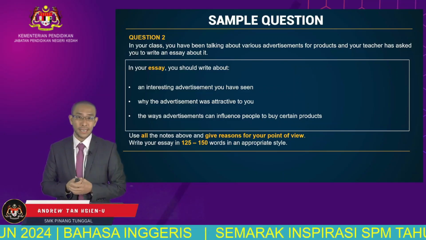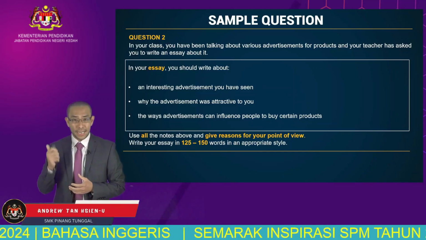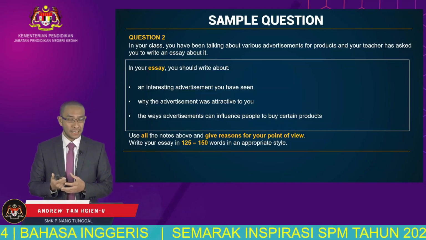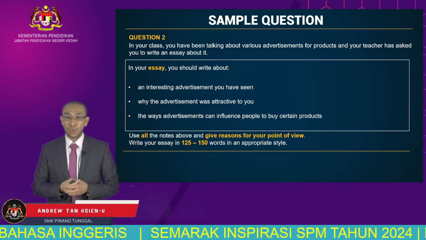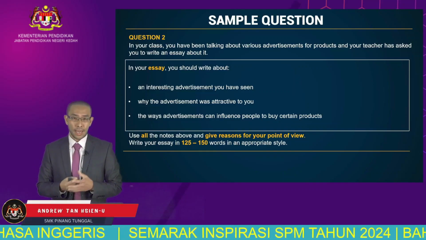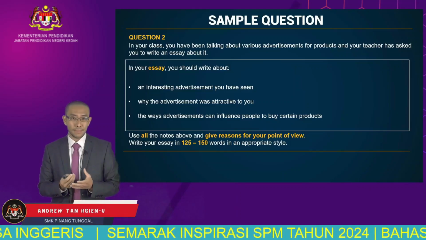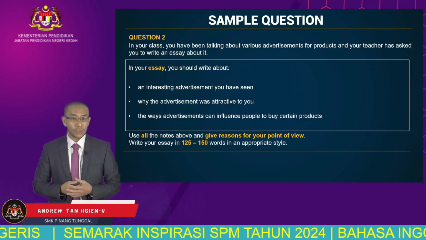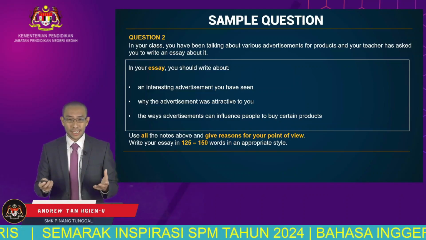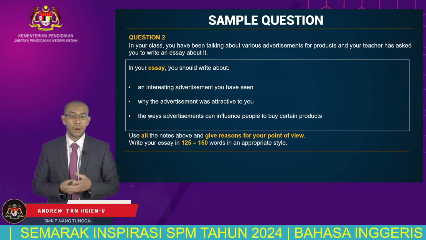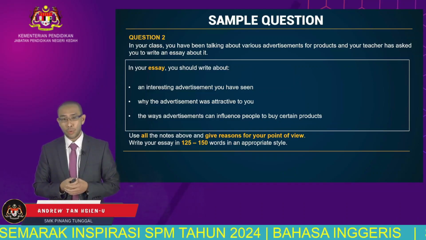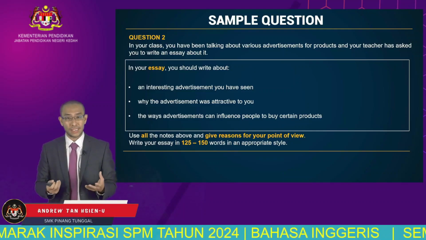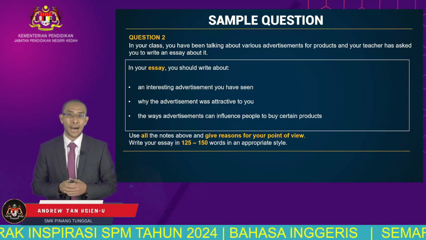In your essay, you should write about an interesting advertisement you have seen, why the advertisement was attractive to you, and the ways advertisements can influence people to buy certain products. Use all the notes above and give reasons for your point of view. Write your essay in 125 to 150 words in an appropriate style.